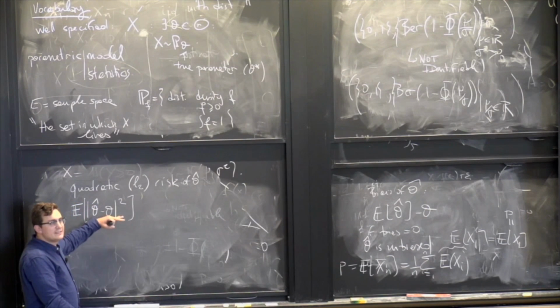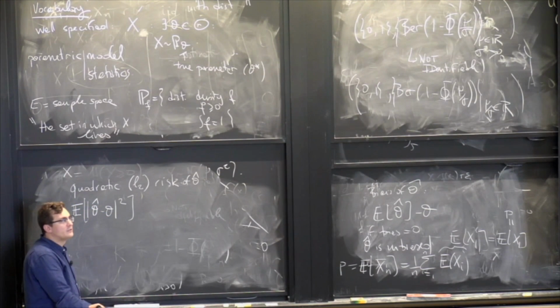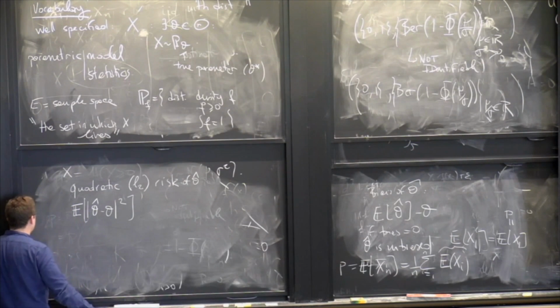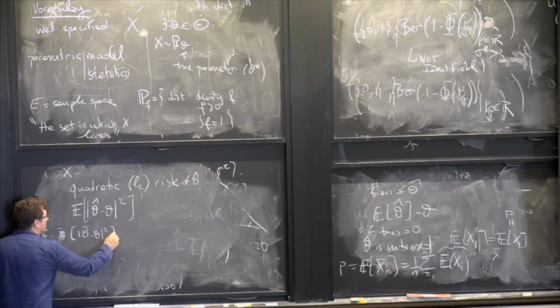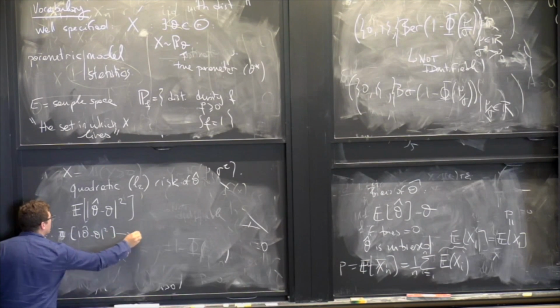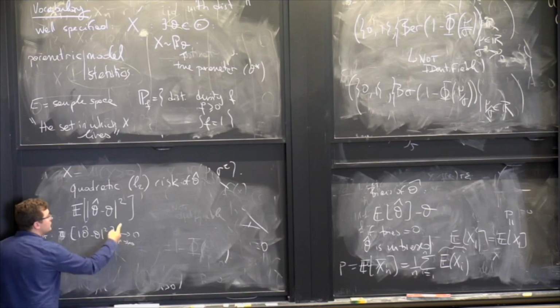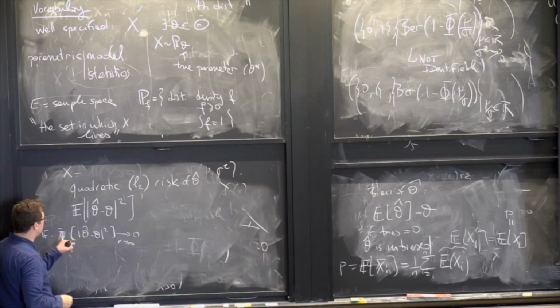I claim that when this thing goes to 0, then my estimator is actually going to be consistent. Does everybody agree with this? So if it goes to 0 as n goes to infinity, and here I don't need to tell you what kind of convergence I have because this is just a number.